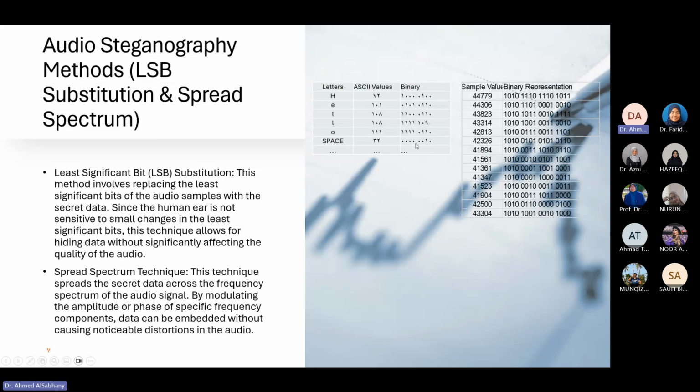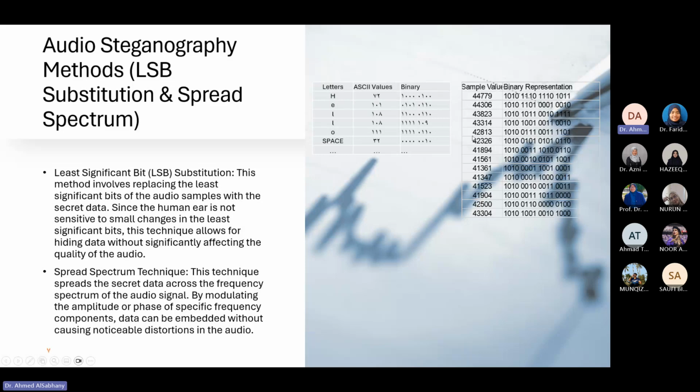the numbers here are in Indian representation. I'm not sure why. For example, if we have the message hello followed by a space, the ASCII representation for each letter will be represented in binary, and then these binary values will replace the sample values.